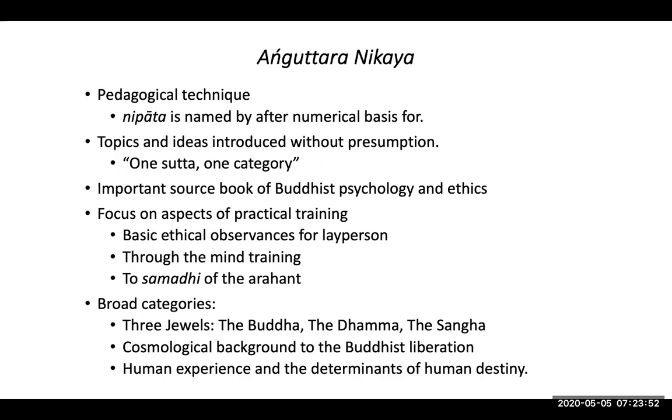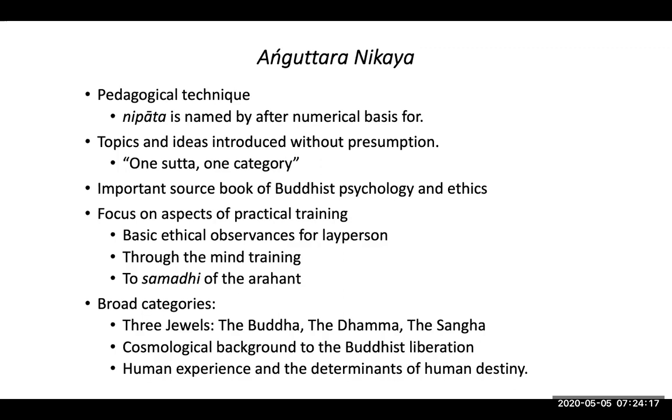But one of the disadvantages of this Anguttara Nikaya is that the themes and topics are constantly shifting, with successions of topics and ideas without allowing preconception to determine what will come next.